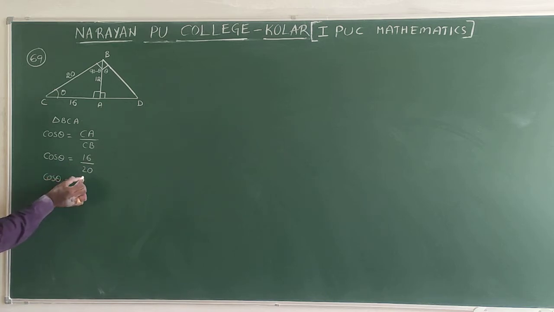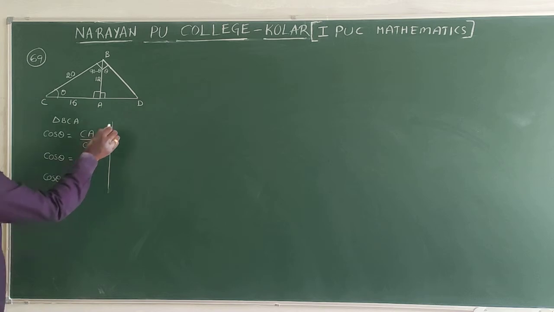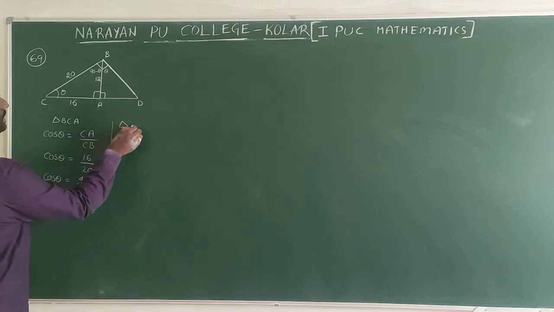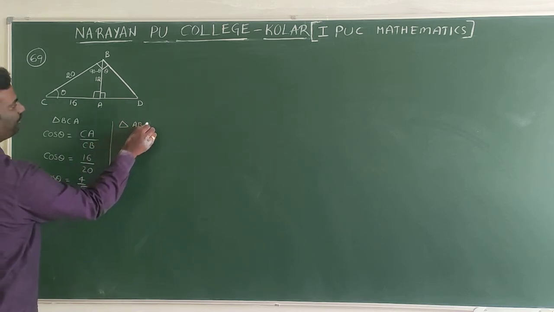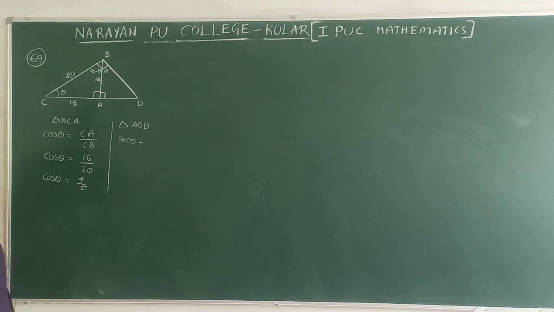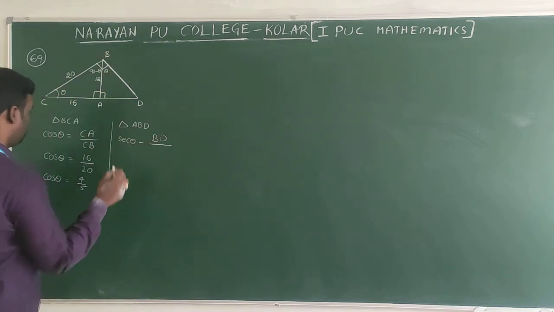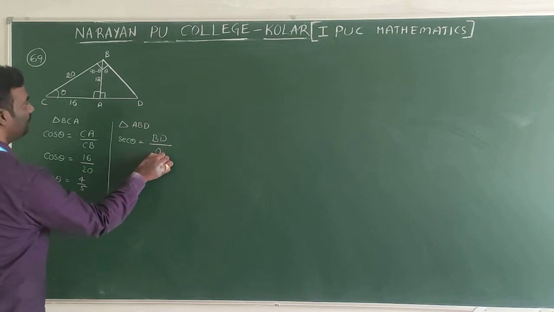Now cos theta is equal to 4 by 5. Next, coming to triangle ABD, if you take secant theta, the formula is hypotenuse by adjacent side. Hypotenuse is BD because we require BD only, and adjacent should be AB.